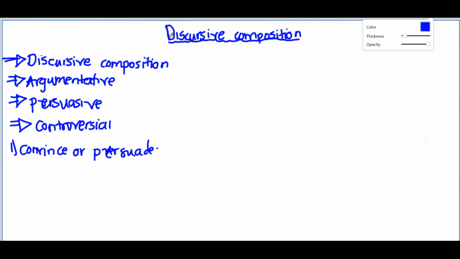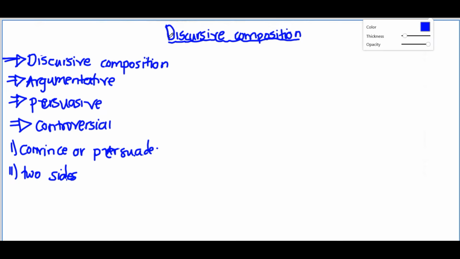If that is the case, then we also have to know that an argumentative composition has two sides, of which you need to take one side that you think will be in your favor.